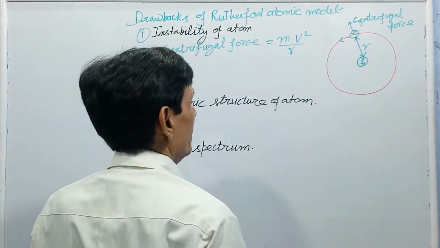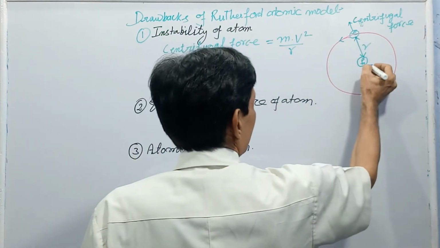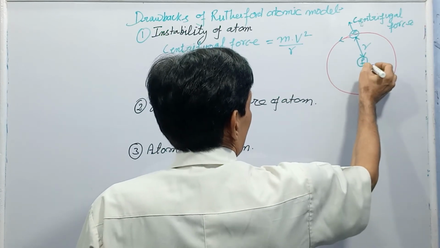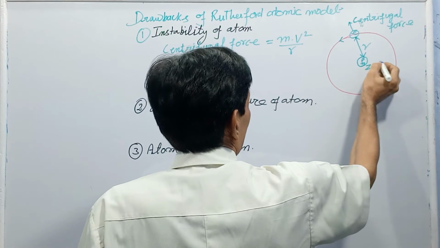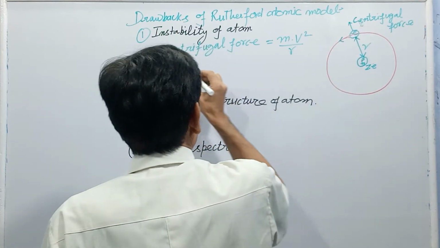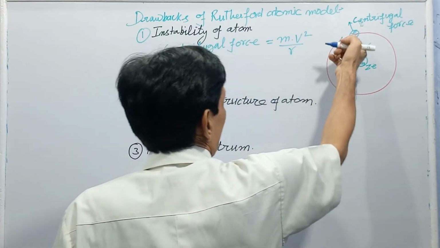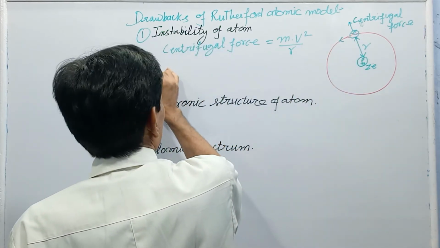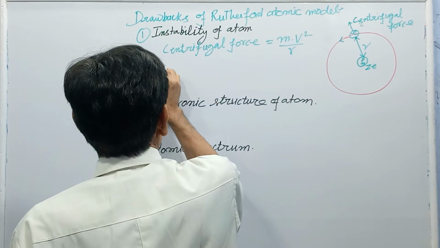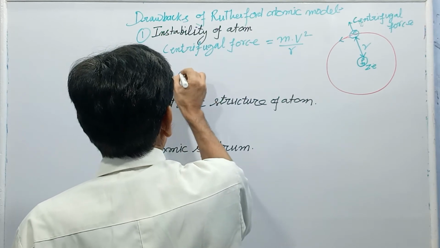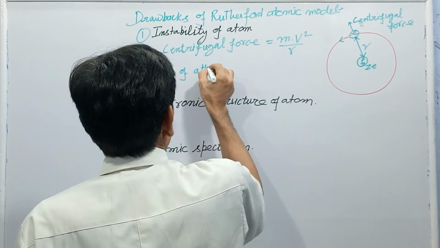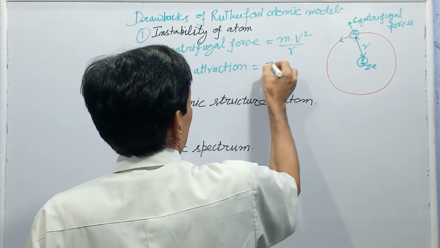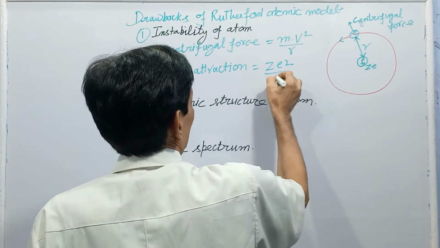And if Z is the charge on proton, then the electrostatic force of attraction is Ze square by r square.